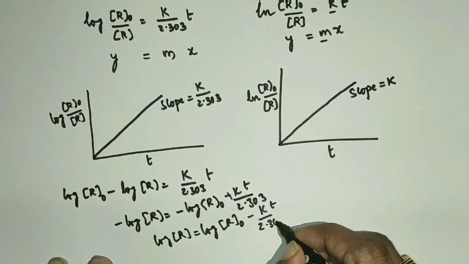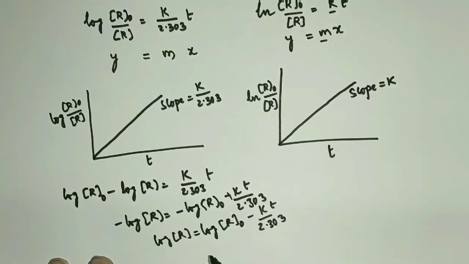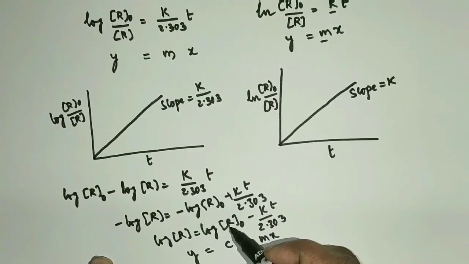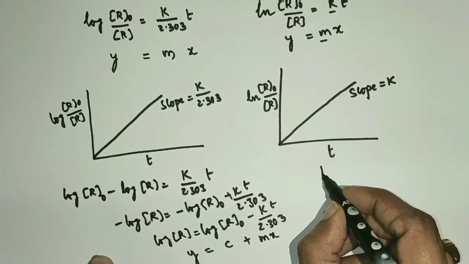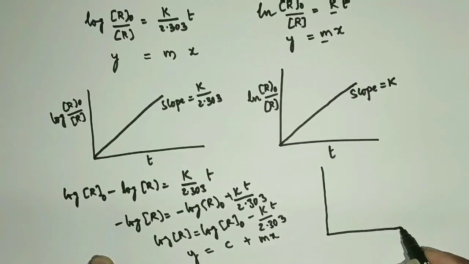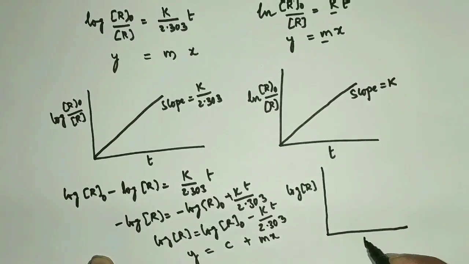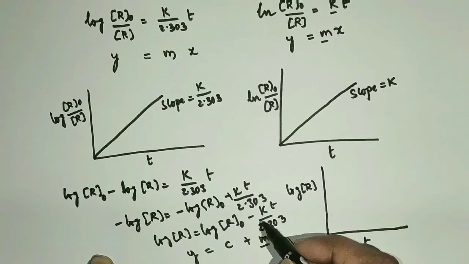Now this equation is in the form of y equal to mx plus c. If we consider log R as the y variable and time as the x variable, log R naught term is a constant. So when we draw a graph between log R and time, you will get a straight line not passing through origin as per this form of the equation, but with negative slope, because in the place of slope m we got minus k by 2.303.